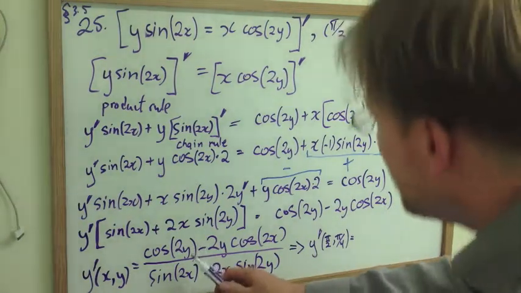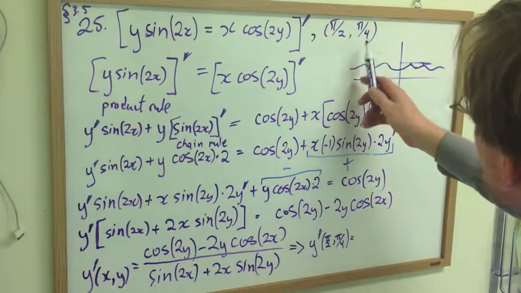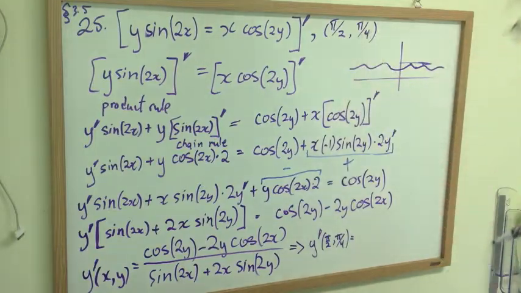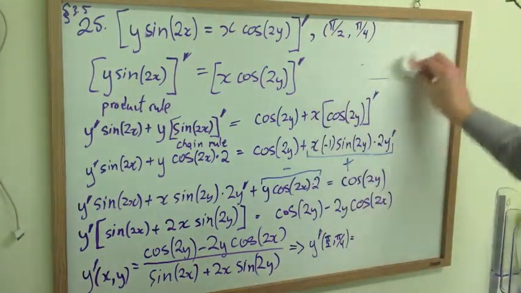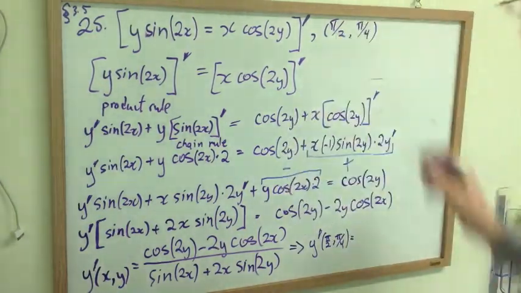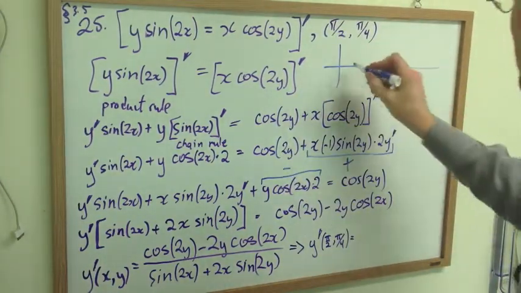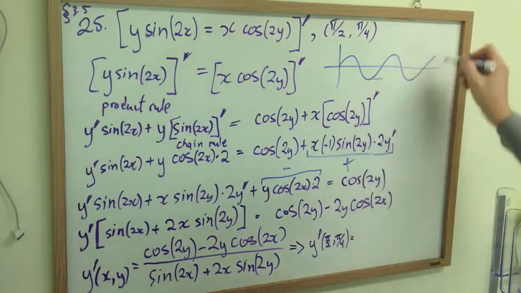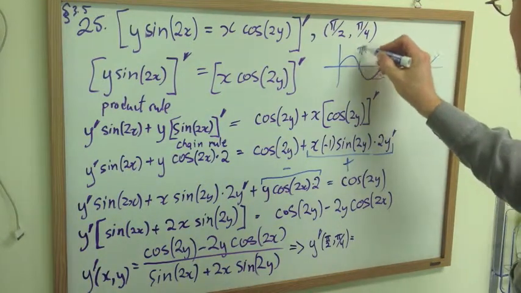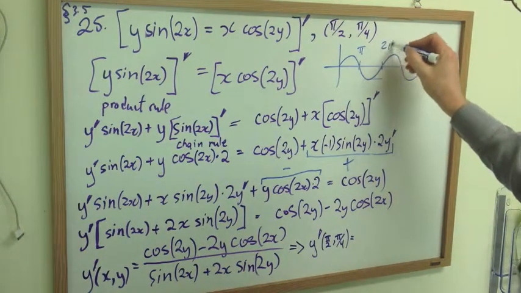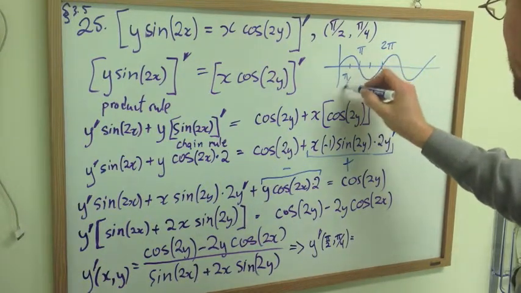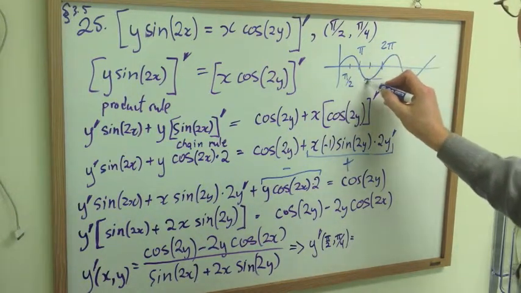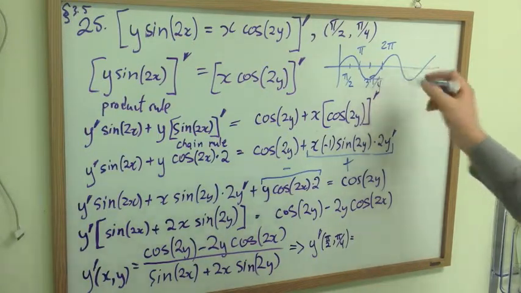So cos of 2y is cos of pi over 2. And boy, I should have the graphs of cos and sine up so I can establish that. Here's sine. This is pi. This is 2 pi. This is 3 pi over 2. This is pi over 2. This is 3 pi over 4.